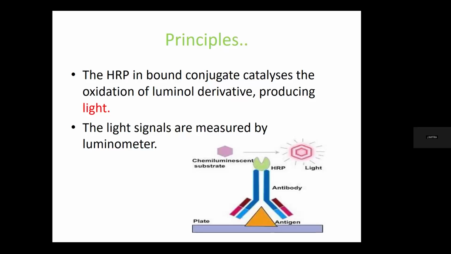As you can see from the picture, when the antigen-antibody reaction happens and the enzyme-labeled conjugate is added, this chemiluminescent substance, when you add it to the reaction, emits light. The more light generated, the more intense the reaction.